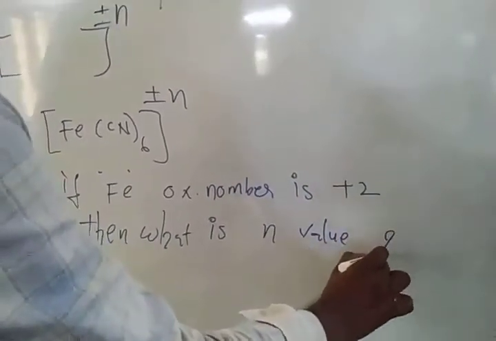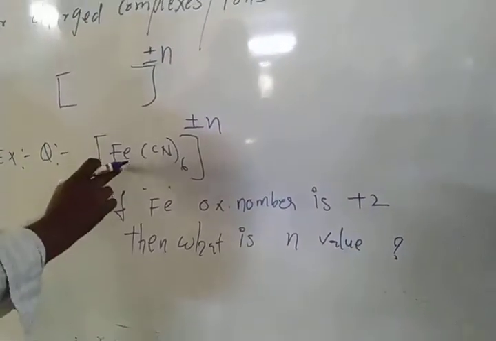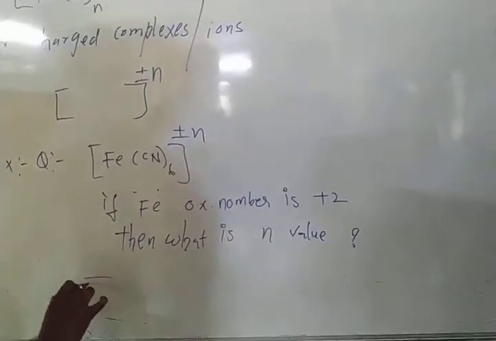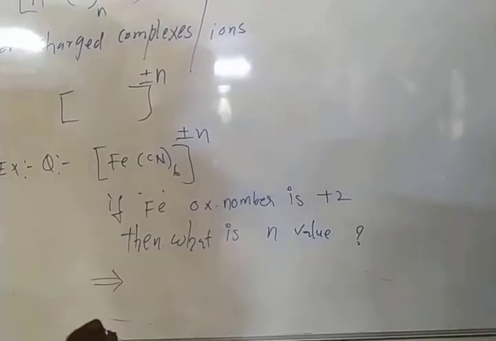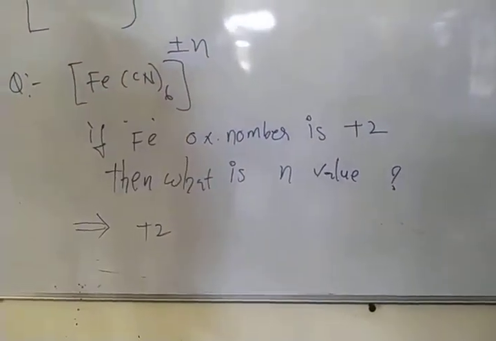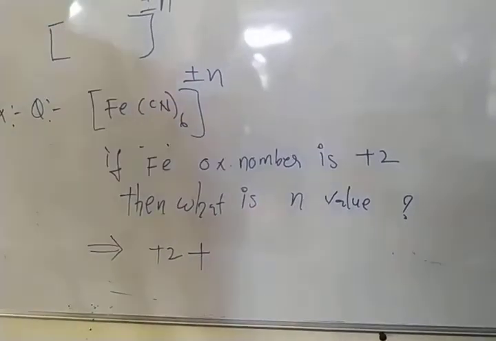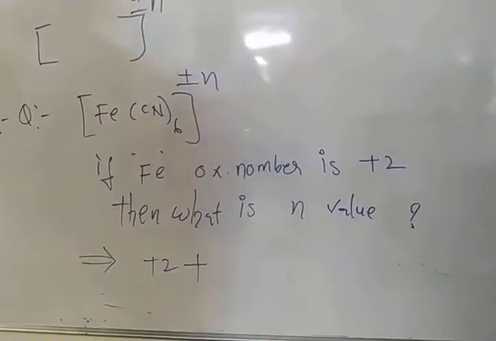For this, iron is given as plus 2, so iron equals plus 2, plus 6 cyanides.